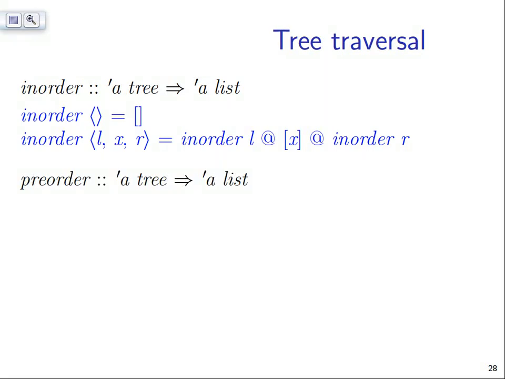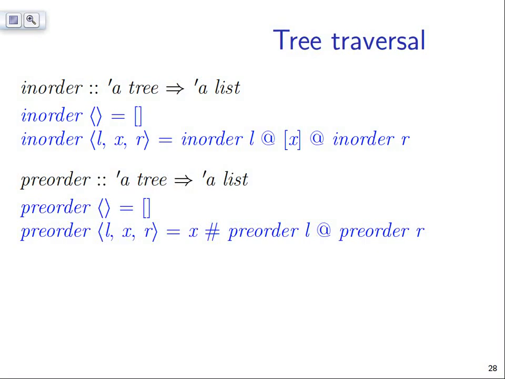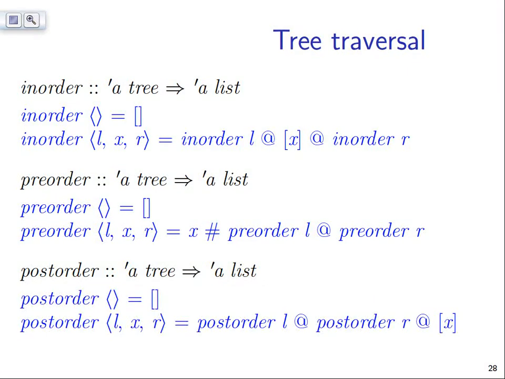And similarly, there's pre-order, where the element at the root of the tree is at the beginning of the list, and there is also post-order, where the element at the root of the tree is at the end of the list. So I assume those notions are all familiar, and the function programs are easy enough to grasp.